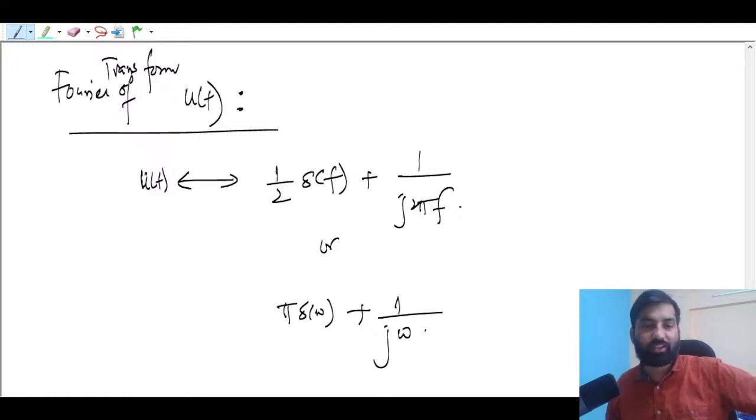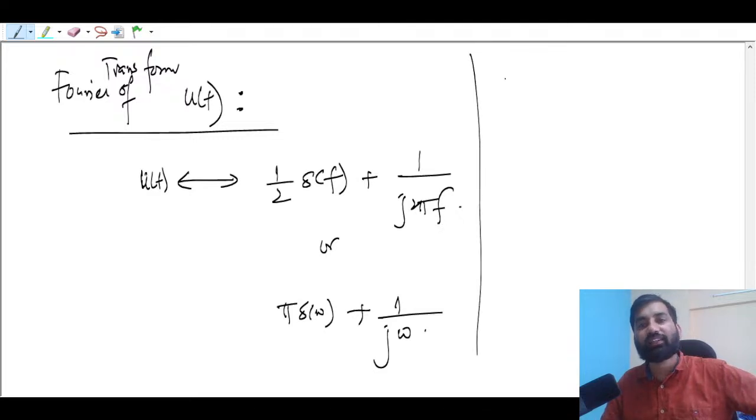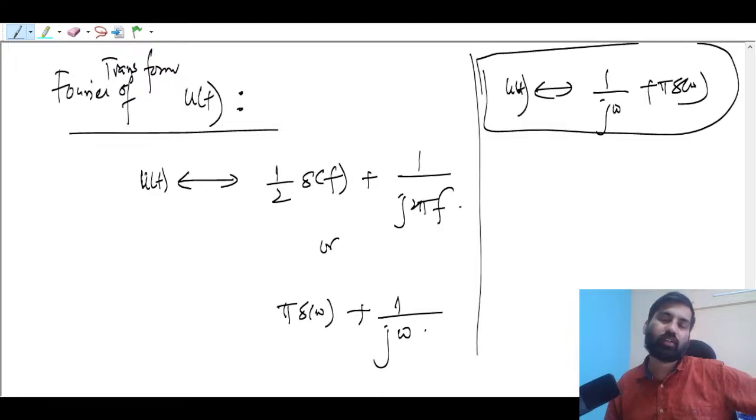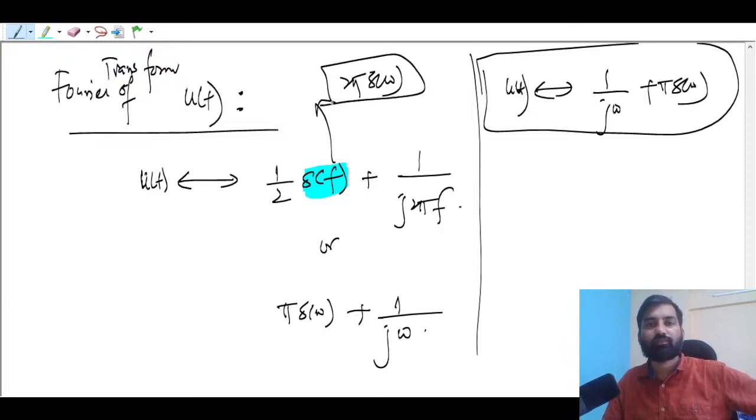If you want to remember, remember it in omega form: u(t) has a Fourier transform 1 by j omega plus pi delta omega, because we are replacing this delta f by 2 pi delta omega, since there is an impulse present.